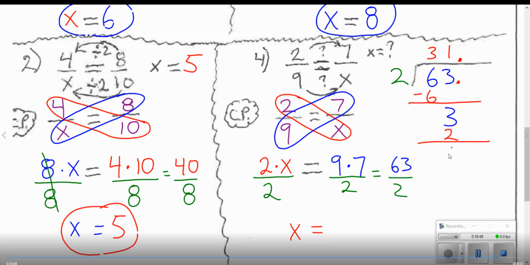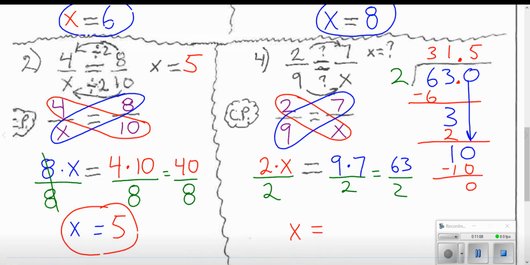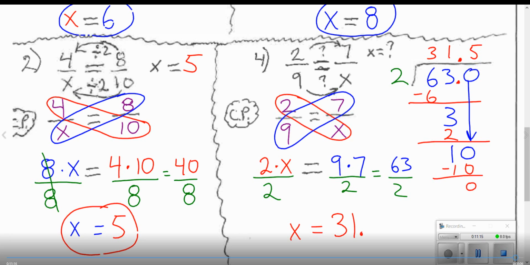That gives me 1. Alright, let's see. I'll add another 0 and bring it down. 2 goes into 10 5 times. 5 times 2 is 10. You have nothing left over, you're done. And the answer is, up atop there, 31.5. Sometimes the numbers aren't nice and easy. They're a decimal or a fraction.